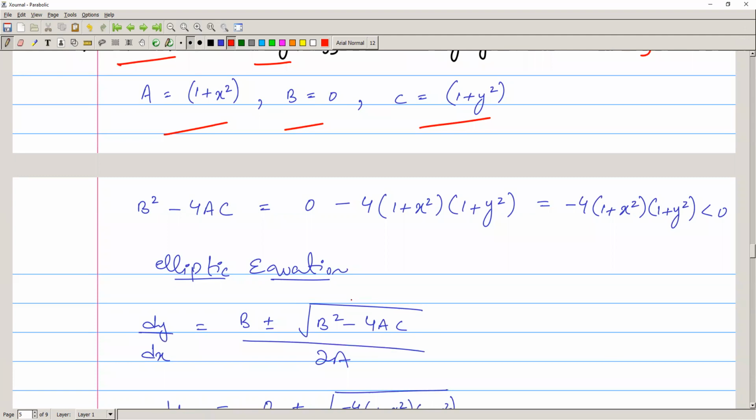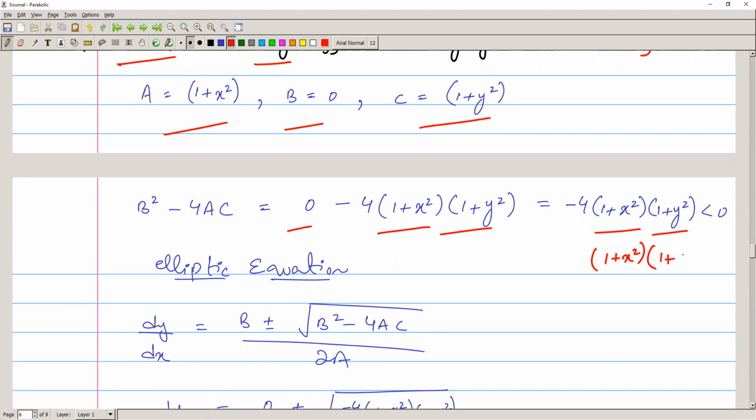Now we'll check for the class of the differential equation. So we'll apply b squared minus 4ac. So b is 0 and minus 4a times c, right? So again, we will get negative 4 times 1 plus x squared and 1 plus y squared. So we can see that this x squared will always be positive. So this value will always be positive because x squared is positive and 1 is positive.